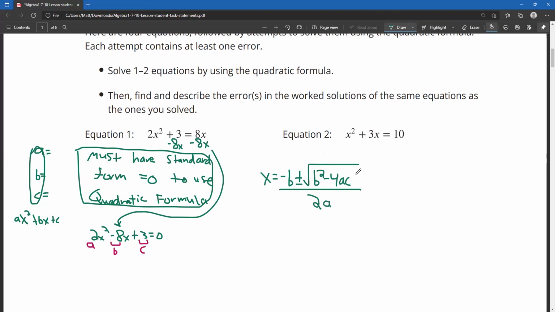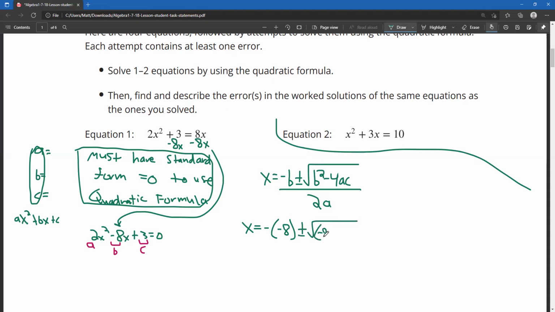All right. Good to write out the formula first so we don't use it incorrectly, right? Let's start making our substitutions. Negative b, b is negative 8, so negative 8, plus or minus the square root of negative 8 in parentheses squared, minus 4 times 2 times 3, all over 2 times 2.